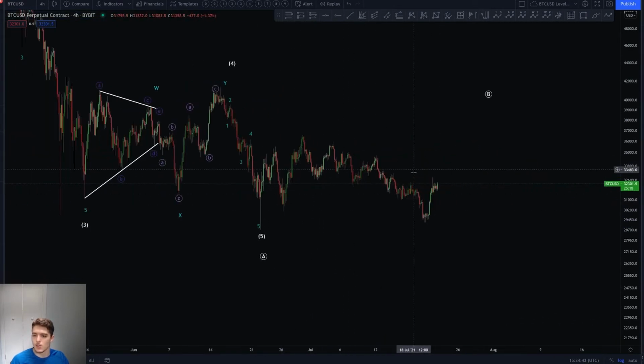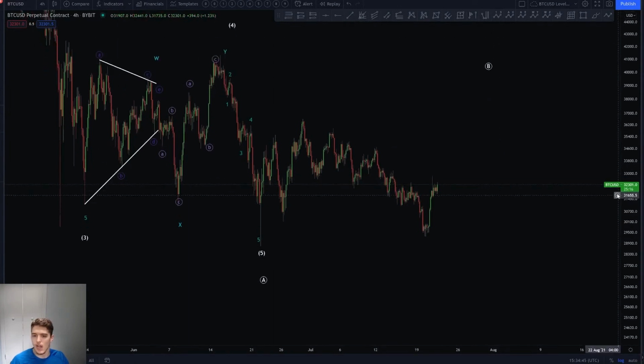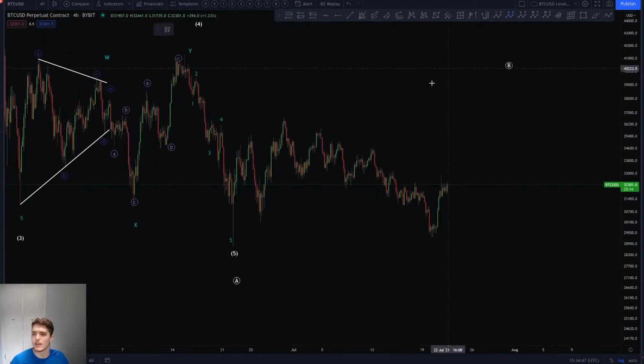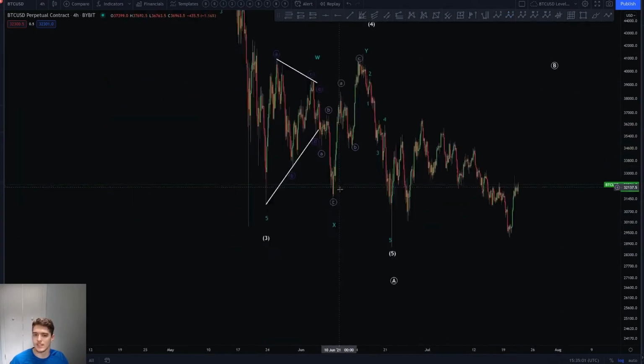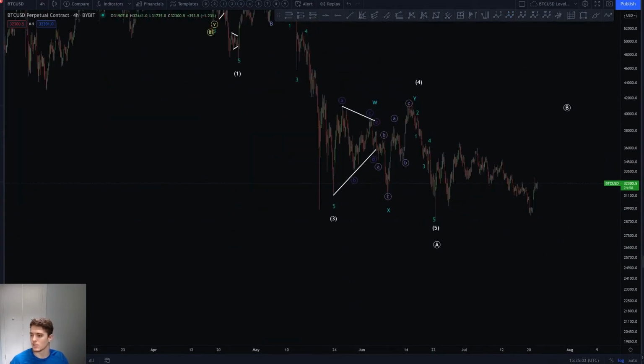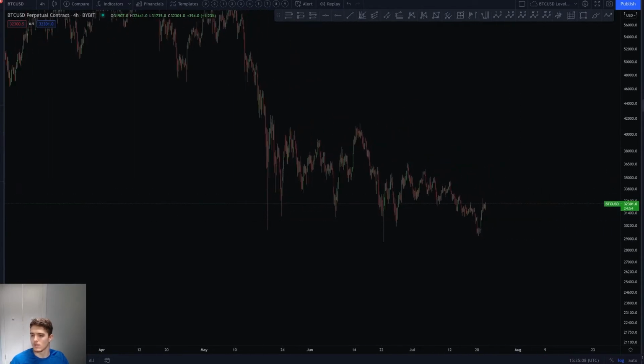So that leads us to this current price action, which I would subdivide actually as an A right here. So there's a couple options we could have, but for this bearish scenario, you would have to assume this is an A, B, C correction, because if this isn't a zigzag scenario, let's go to a more bullish count.